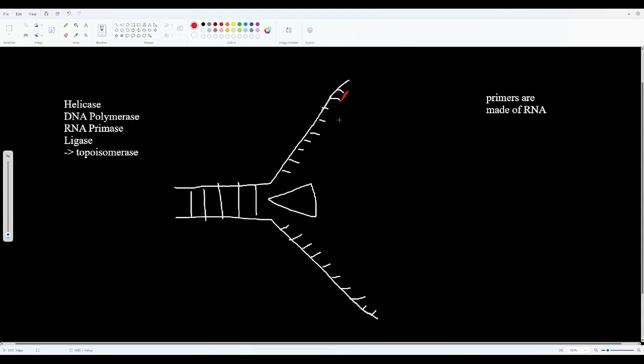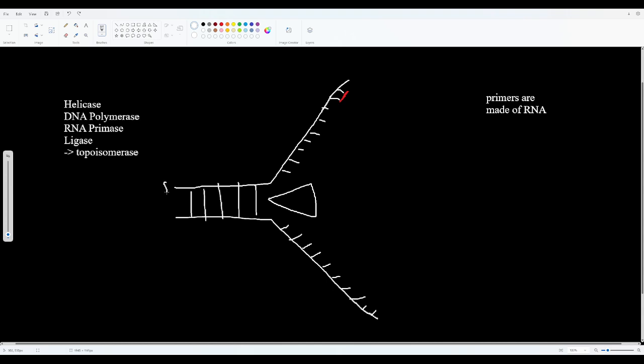And now we get into the polarity of the DNA. What I mean when I say that is we get into which side is 3' and which side is 5'. Sorry, that's wrong.